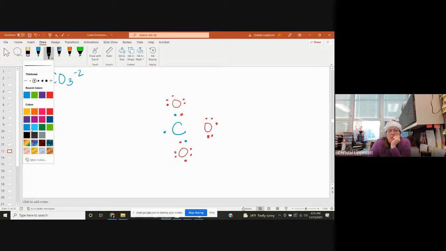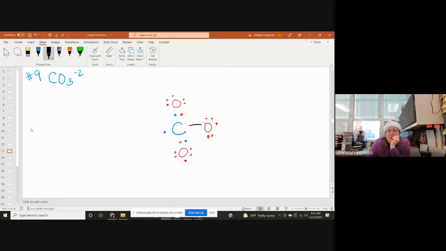Okay. So I'm going to do that in black. That is my 2 electrons that were here. Okay. Now I'm going to bring in this electron, and I'm going to bring in this electron. Okay. Everybody cool with that? Okay. I'm going to bring those in, and I'm going to form a double bond here.